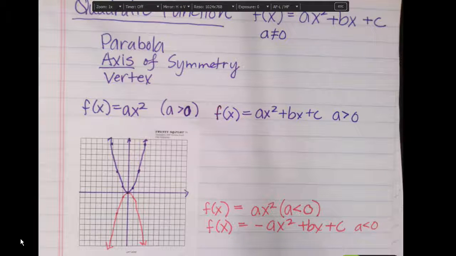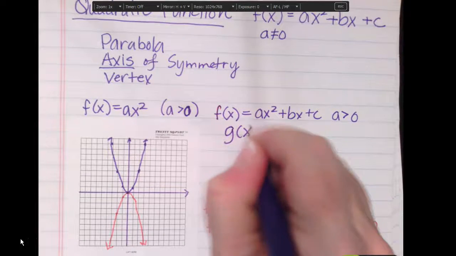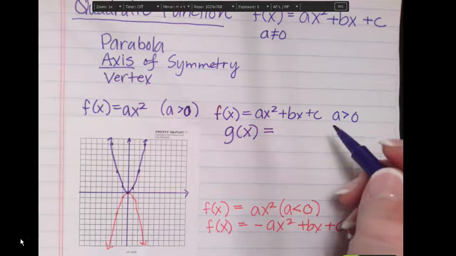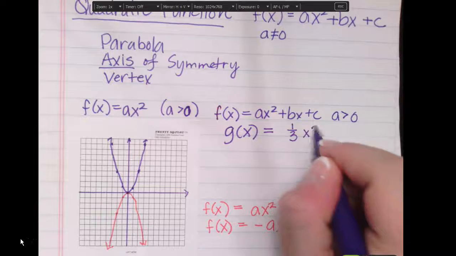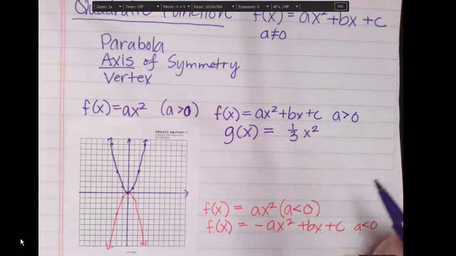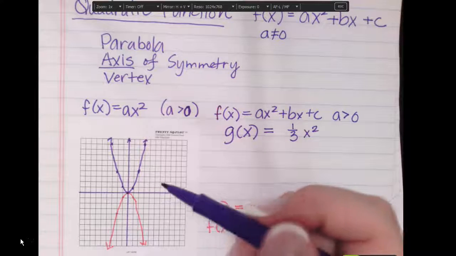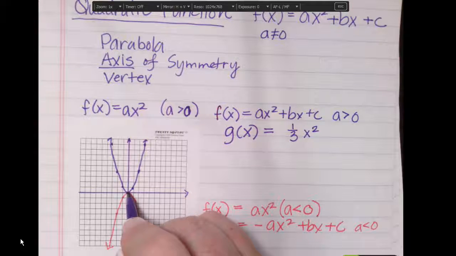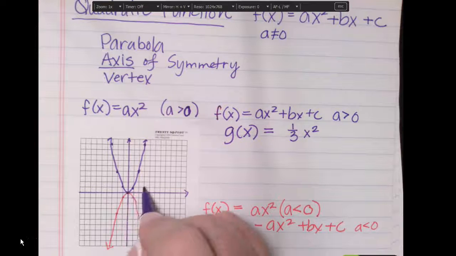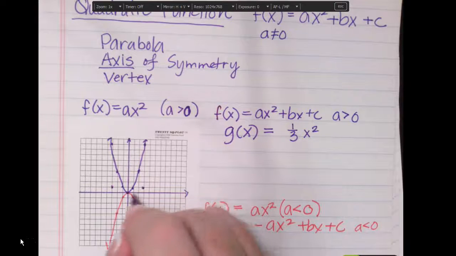Okay, so if I give you a g of x that is a fractional a, it's not inside the parentheses, we are going to be looking at a vertical shrink, and 1/3, that's a shrink 3 times as big, so it's kind of a reciprocal thing.